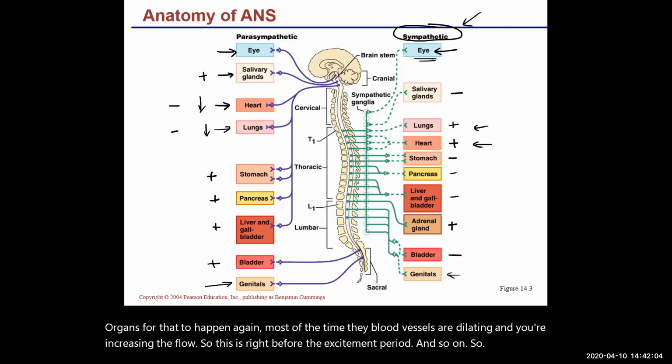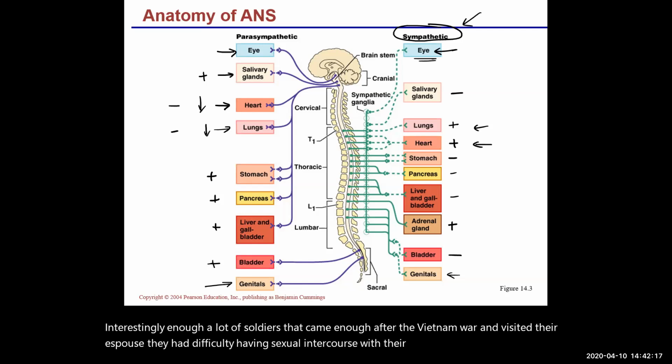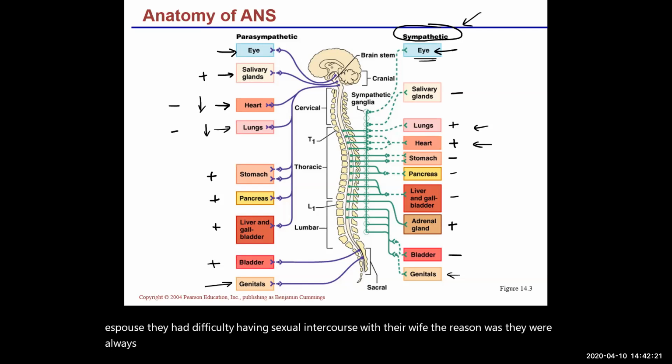Interestingly enough, a lot of soldiers that came in after the Vietnam War and visited their spouse, they had difficulty having sexual intercourse with their wife. The reason was they were always nervous. Post-traumatic syndrome was taking place. In other words, they were always thinking like, the bomb is going to drop, somebody's going to come in and shoot.